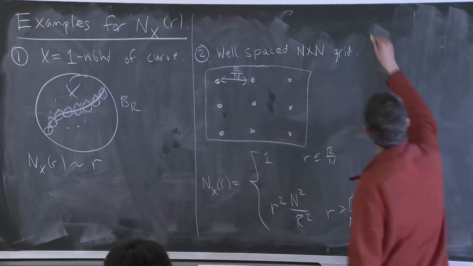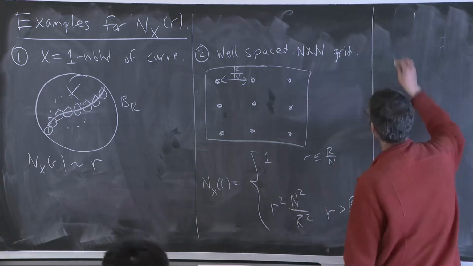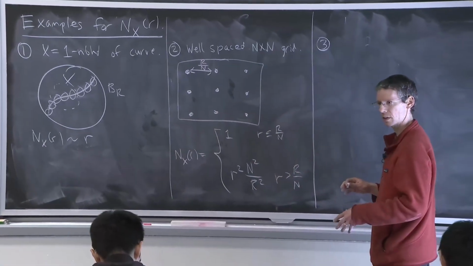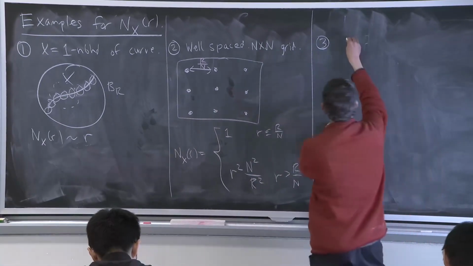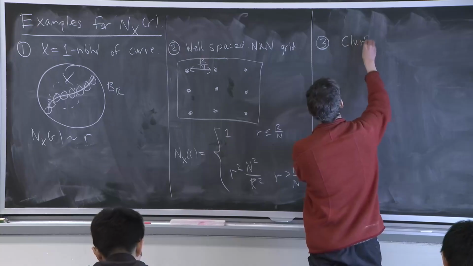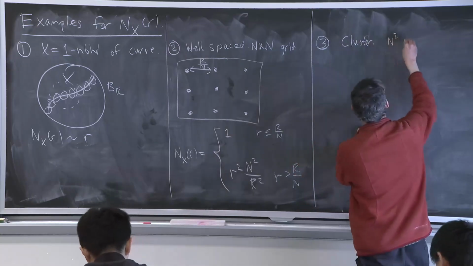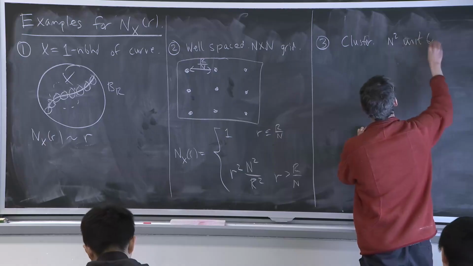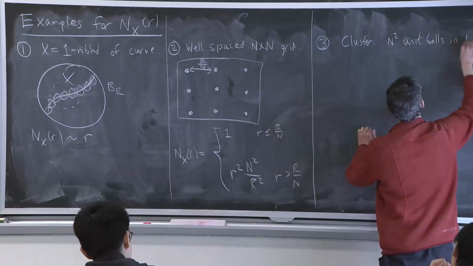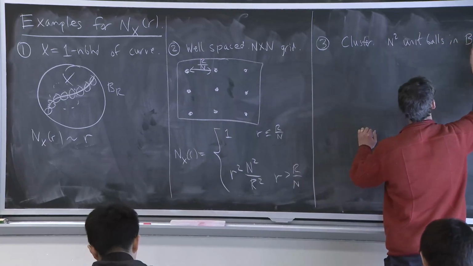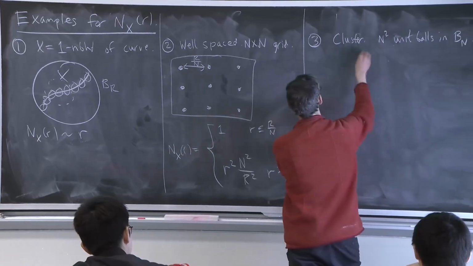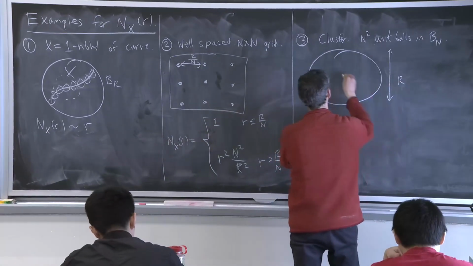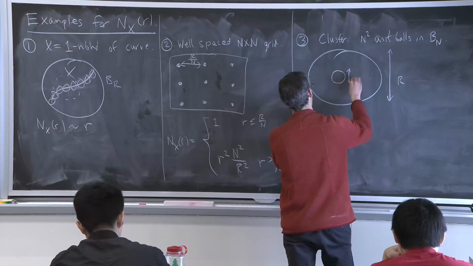OK. And I'll do a third example, which is the points could be very clustered. Cluster. So we could have n squared unit balls in an n ball. So the picture would be like this. We have our ball of radius r. Inside of there, we have a smaller ball of radius n.